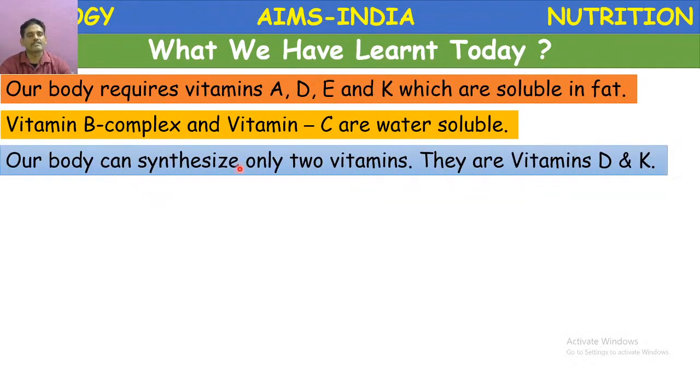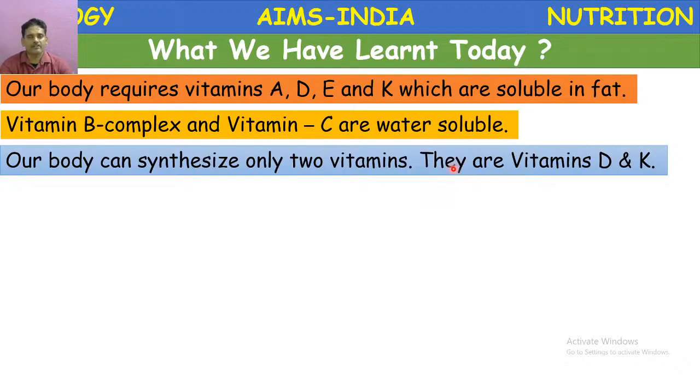Our body can synthesize only two main vitamins. They are vitamin D and vitamin K. Some intestinal bacteria, even vitamin B12 also to some extent, are synthesized in our intestine by E. coli bacteria.